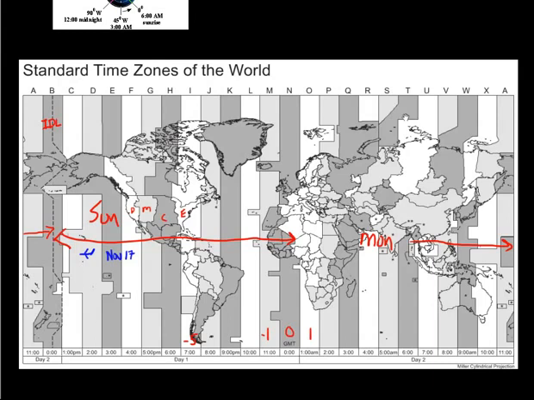Let me restate that, because that's not going to work. So I want to undo the 17th. Let's say you're on this side of the international date line and you celebrate your birthday here.